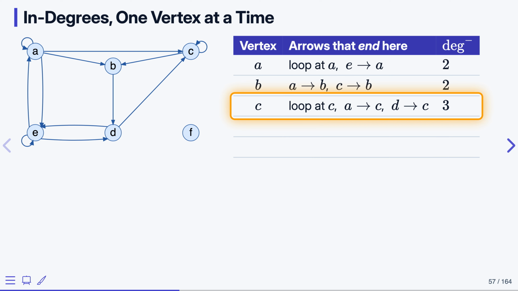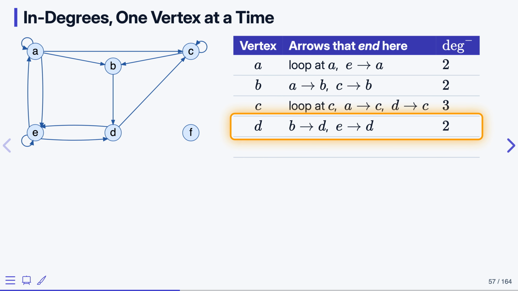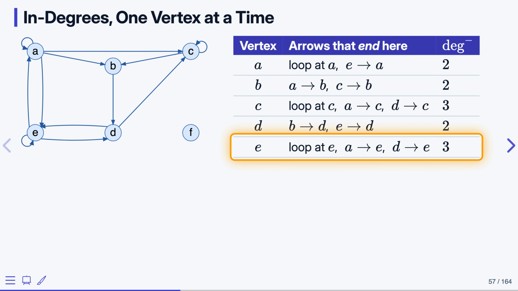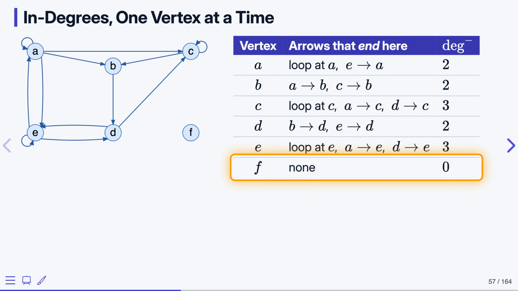Vertex C, 3 land there, the loop at C, the arrow from A, and the arrow from D, in-degree 3. Vertex D, 2 land there, from B and from E, in-degree 2. Vertex E, 3 land there, the loop at E, the arrow from A, and the arrow from D, in-degree 3. And vertex F, nothing points at it, in-degree 0.